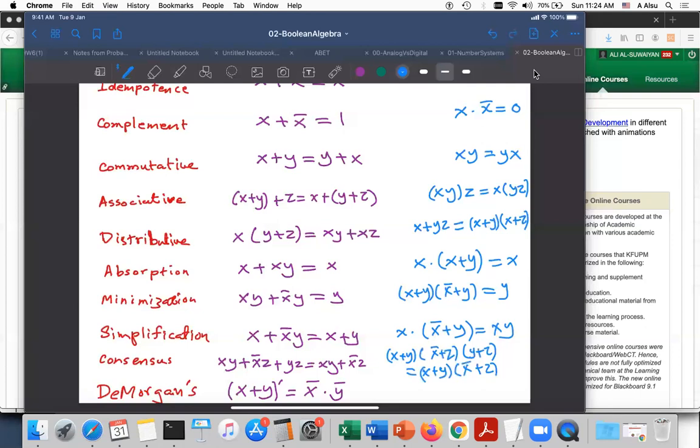Of course this means that the y OR z term is redundant because it doesn't appear here. Okay, you can just remove it.